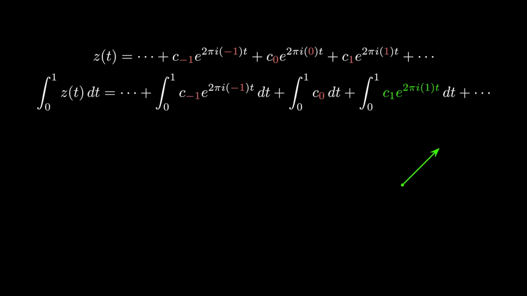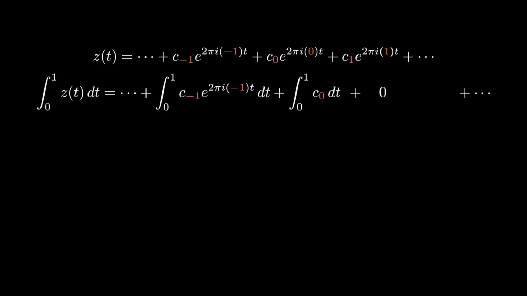But notice that this vector points in a specific direction when t equals 0, and then points in exactly the opposite direction when t equals 1/2. So these two vectors will cancel out. And this is true throughout the entire rotation. Each vector has a partner that points in exactly the opposite direction. The end result is that this rotating vector will sum to 0 over 1 time period.